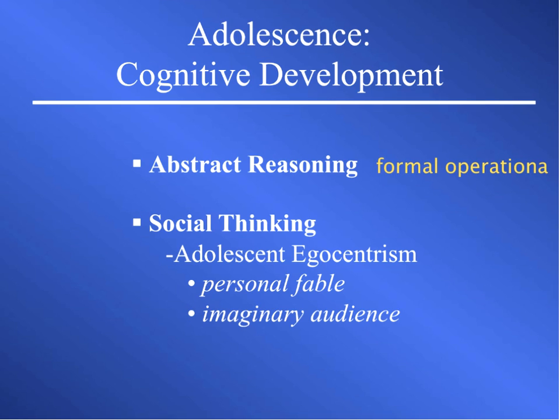Their thinking about social situations is characterized by a degree of egocentrism, how we typically think about egocentrism, right? I'm the center of the universe. I want to talk about me and only me and nothing else, right? I'm thinking only about myself in most situations. So I might have a personal fable, is the way this research sometimes describes social thinking in adolescence.